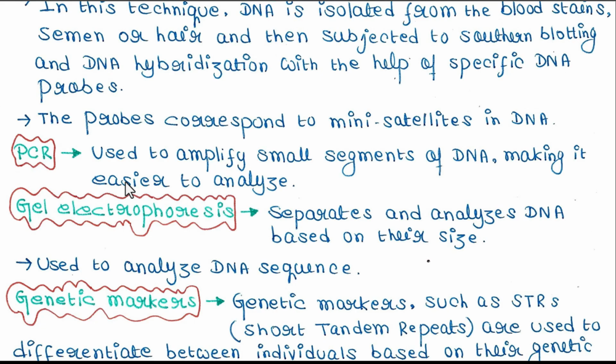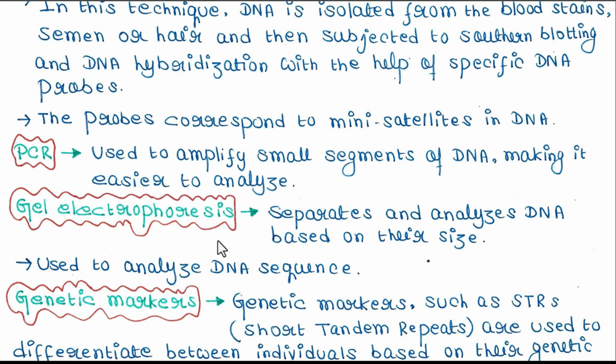PCR is used to amplify small segments of DNA, making it easier to analyze. Since sometimes from the crime spot we can collect very small amounts of sample, PCR helps us tremendously to amplify the DNA.